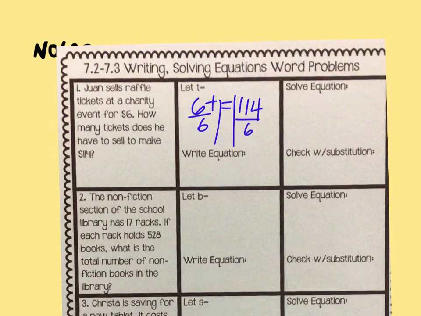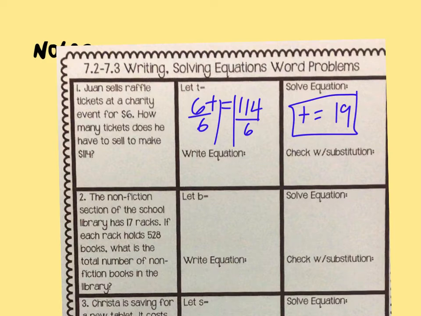So 114 divided by 6 is 19. So T, the number of tickets, equals 19. Now it wants us to check with substitution. So I'm going to go 6 times 19, and I get 114, so I did it correctly.